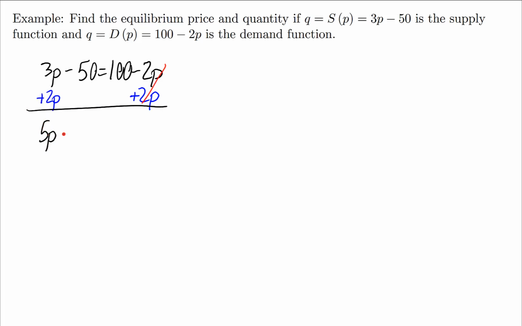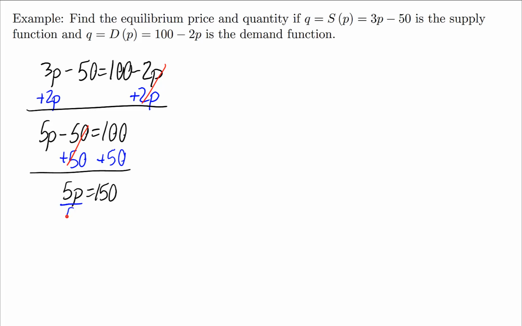That gives me 5p minus 50 is equal to 100. Then we'll add 50 to both sides. That gives me 5p equals 150. And then finally divide both sides by 5, which gives me p equals $30.